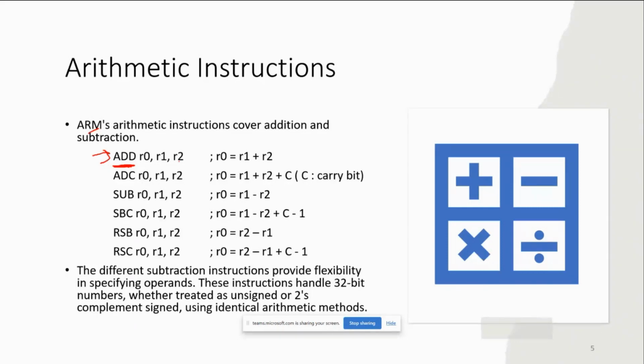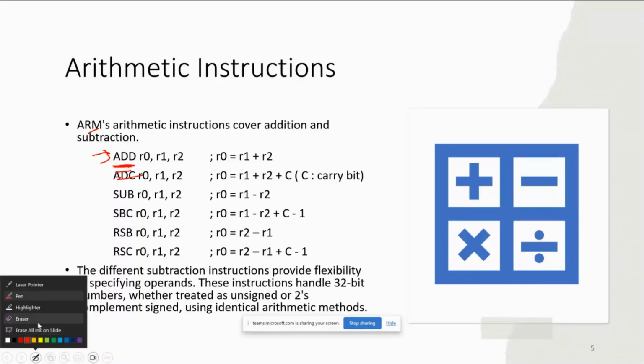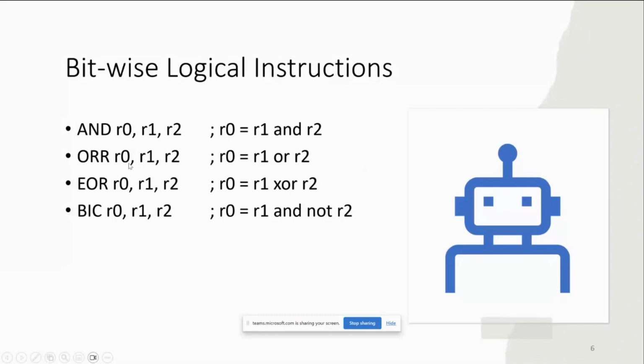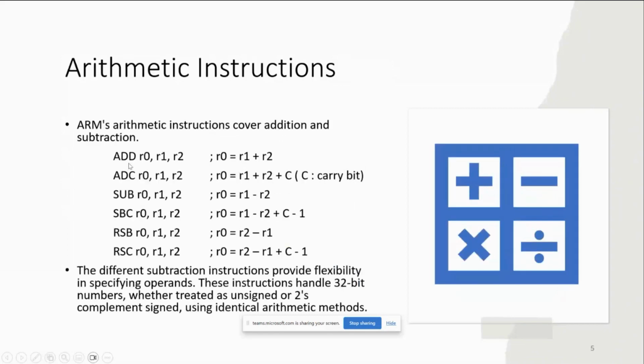In ARM, we have the ADD, then we have R0, R1, R2. These three are the operands. Add means addition.